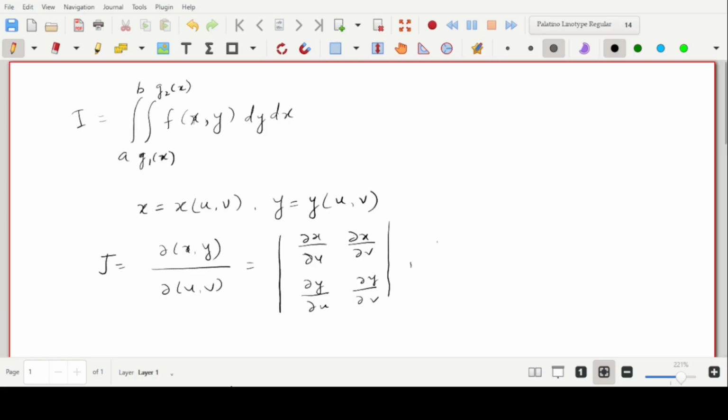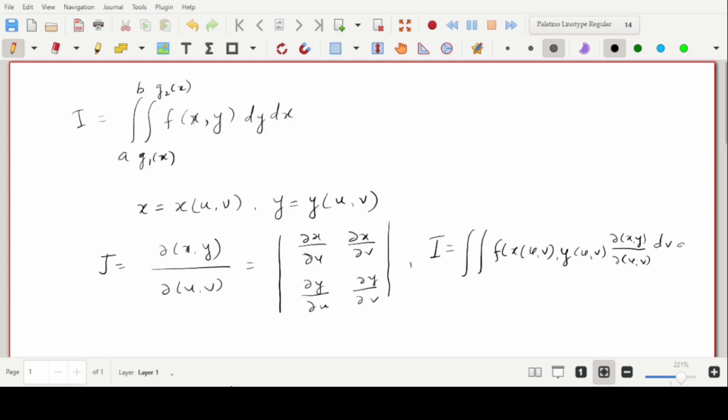And then we can write this integral as f(x(u,v), y(u,v)) times the Jacobian, dv du. This x(u,v) is an expression in u and v, because x is a function of u and v. This Jacobian also is a function in u and v, because each of these partial derivatives is a function in u and v.